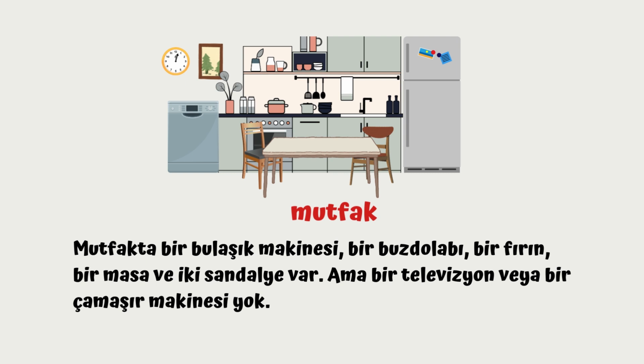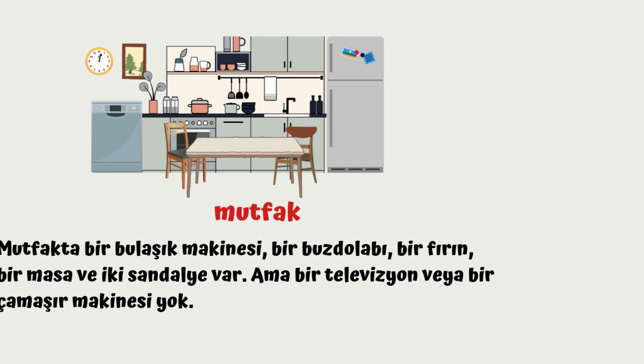So 2 sandalye is okay. Now we continue with but, bir televizyon veya bir çamaşır makinesi yok. So there isn't a television or a washing machine because it's a Turkish kitchen. Okay, so let's move to the next picture.